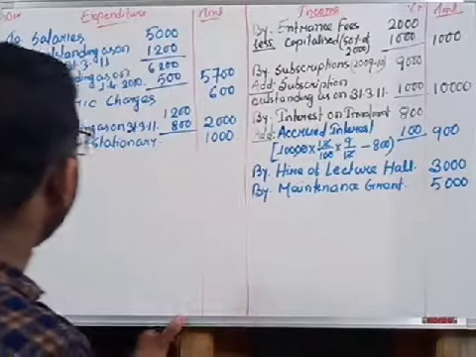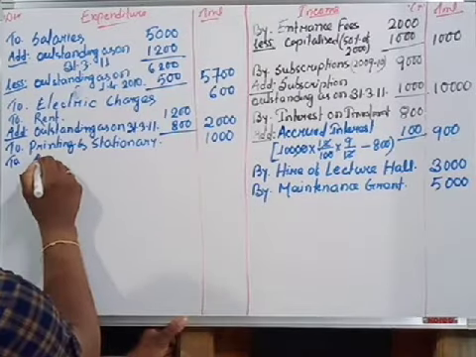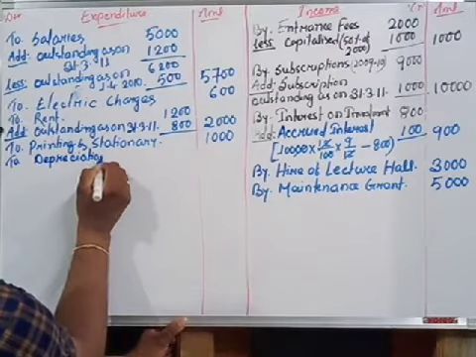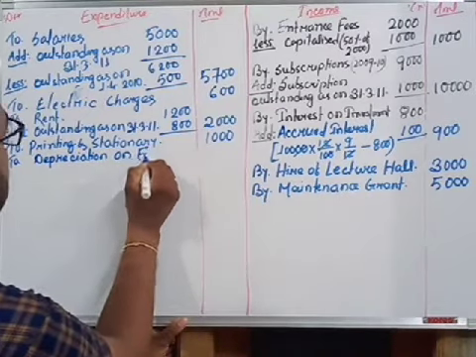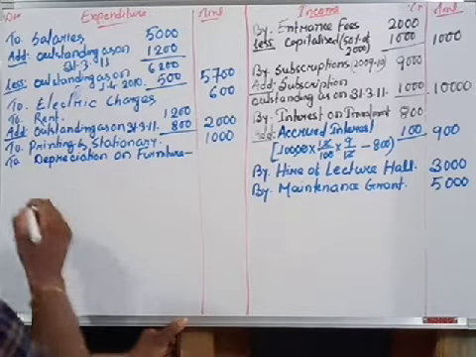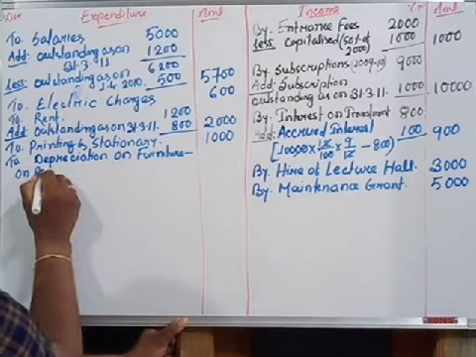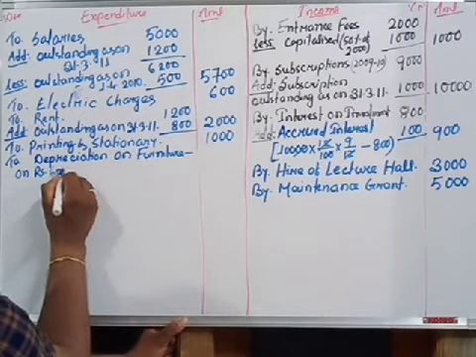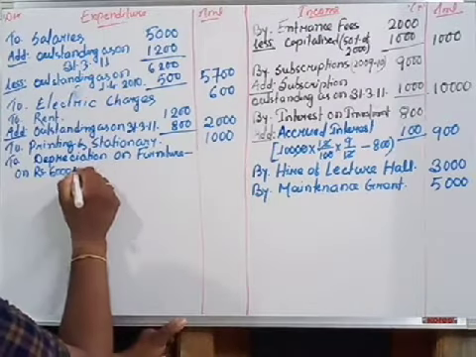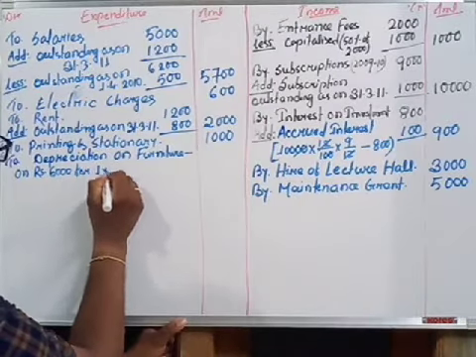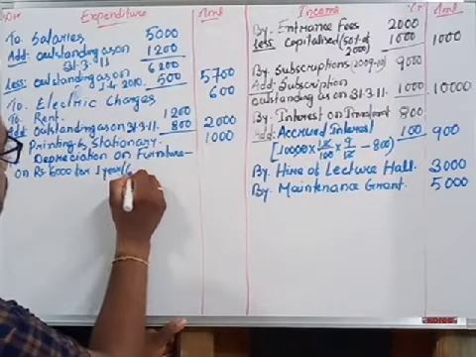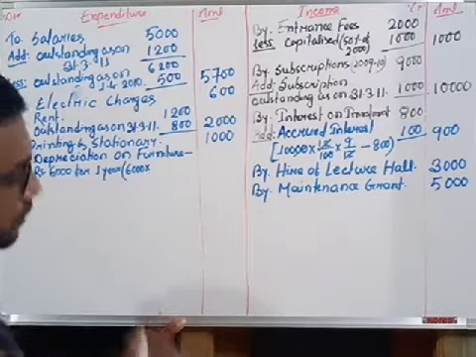We will write simply, to depreciation on furniture. Okay, so then we write on rupees 6,000, that is the opening balance of furniture, for 1 year. 6,000 into 10 by 100.